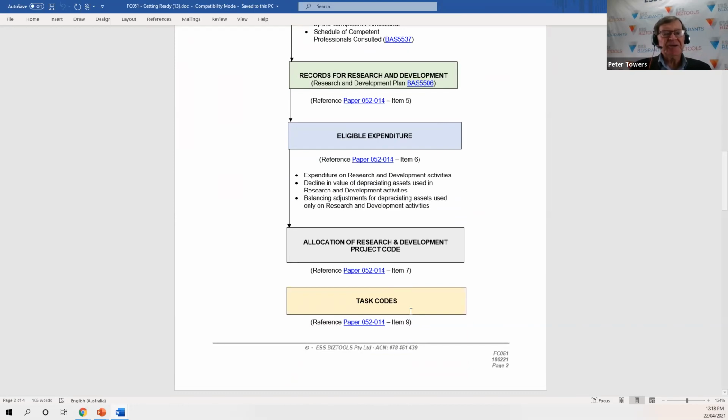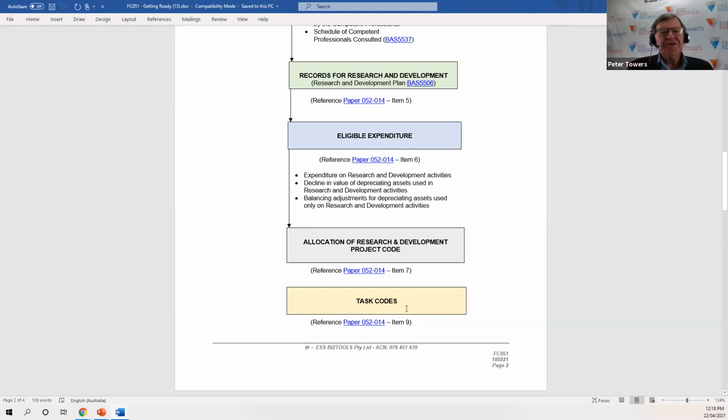A client I'm working with at present has got over 100 task codes. So instead of someone having to write on a timesheet or enter into a computer package 20 words to describe what they're doing, hopefully the task codes will be able to summarize those 20 words with a reference number. That's what the employee puts into their time recording system, rather than either writing or typing in 20 words.